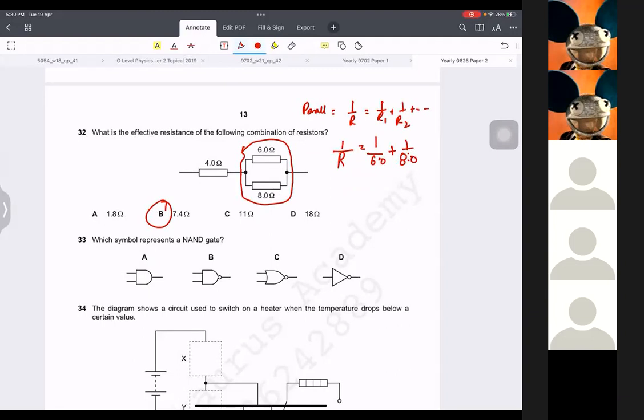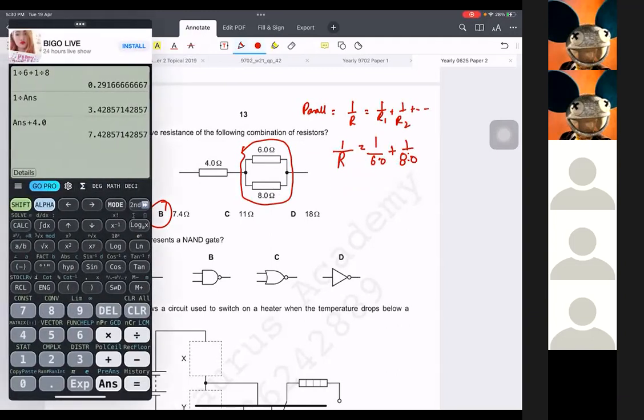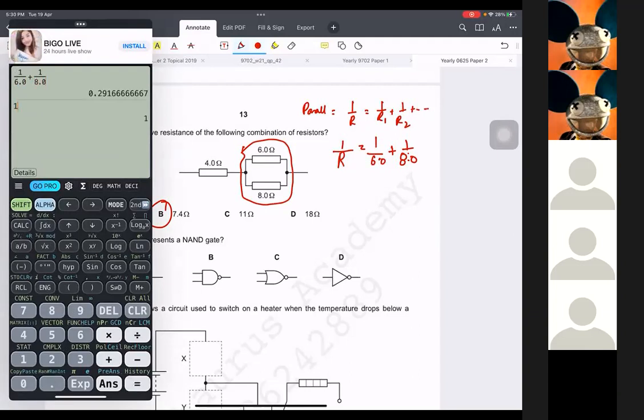Now you can put it in the calculator, and you take the reciprocal. When you take the reciprocal, the R in parallel comes out to be 3.43, right? Now this whole is 3.4 and this is 4. So in series, we simply add. Okay, got it.